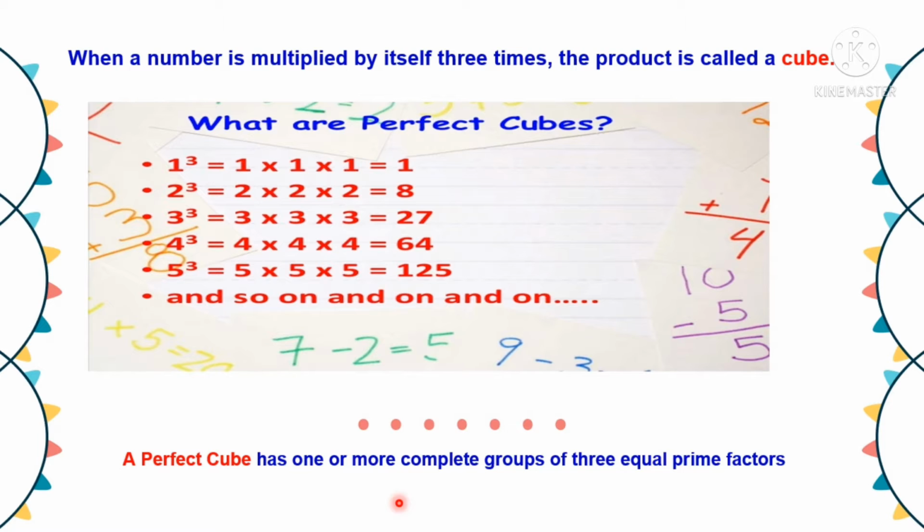Whatever number is given to you, after finding its prime factors, if we have groups of 3, then the given number is a perfect cube. We will understand it more with the help of some examples. So let's move forward.